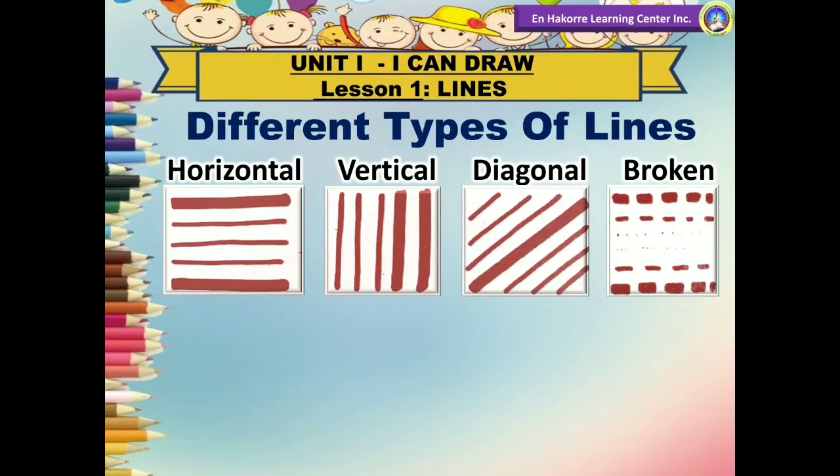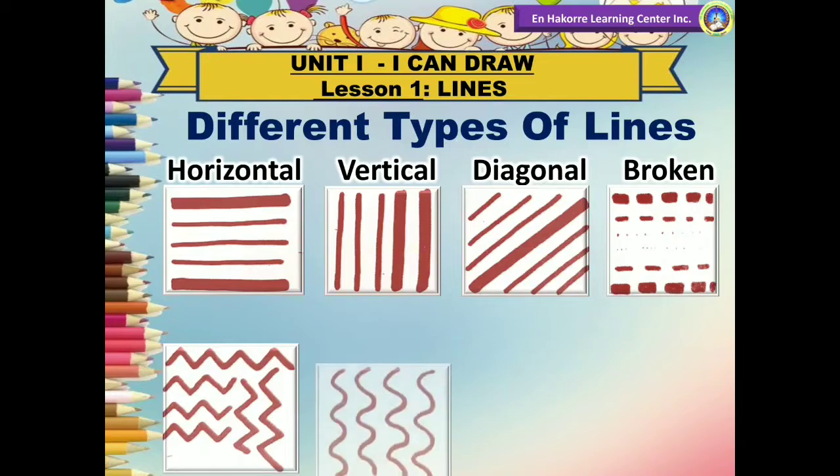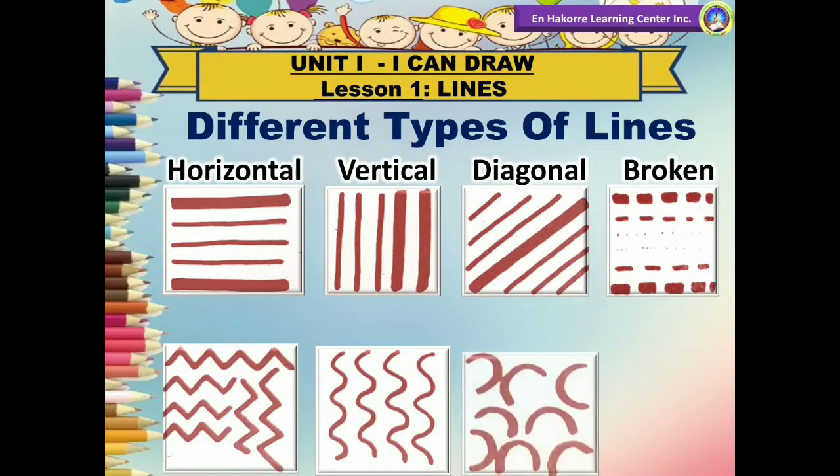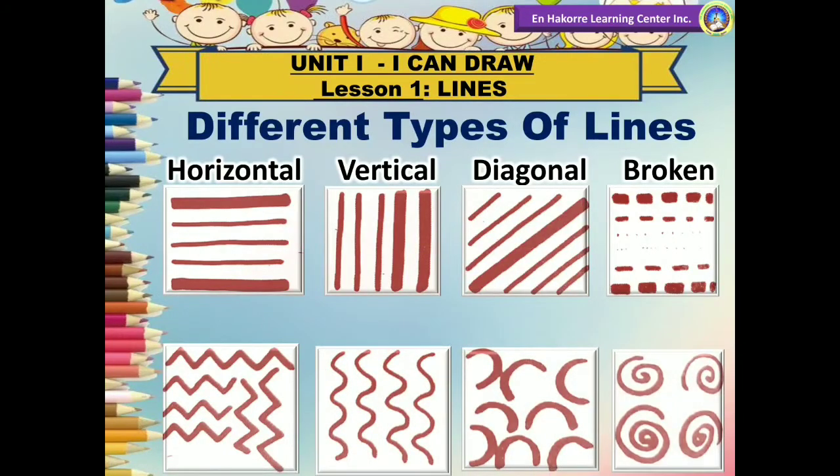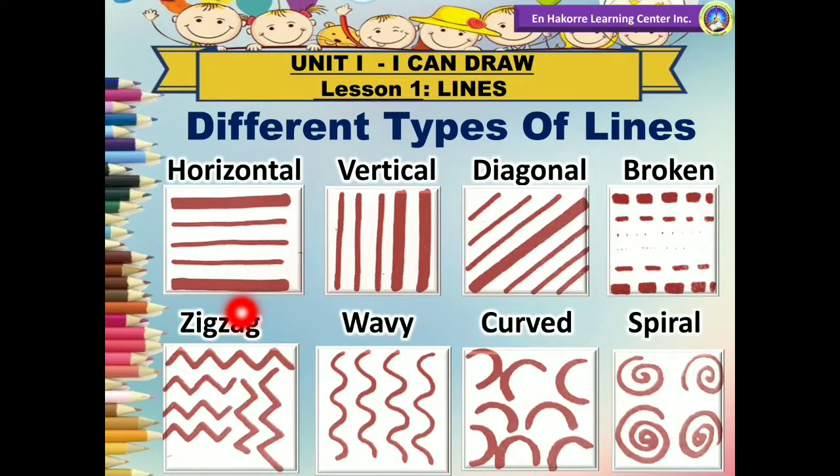So here, let me show you the 4 more different kinds of lines or types of lines that we are going to discuss this day. So first, here we have your zigzag line. So I believe that you are now familiar with zigzag line. As you can see, the edge of the zigzag line is pointed.